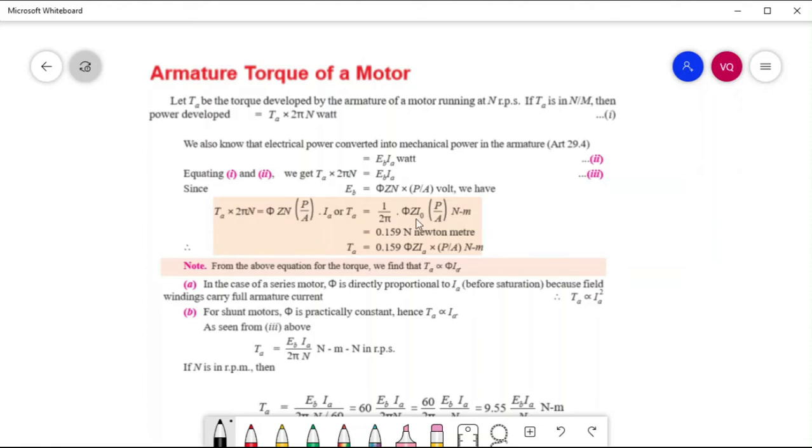Since EB is equal to flux, conductors, times speed, multiplied by the number of poles divided by the parallel path, we have TA is equal to 0.159 flux multiplied by conductors, IA times P all over A in Newton meter.